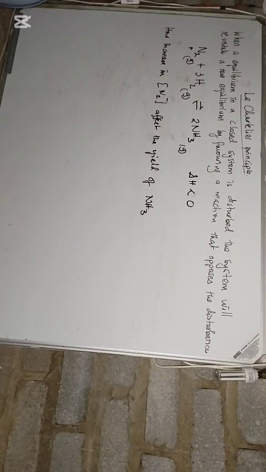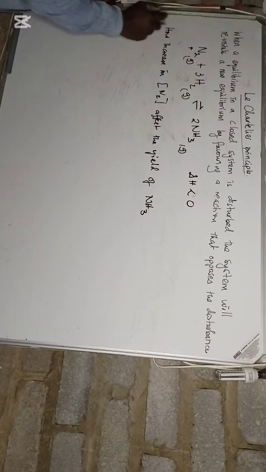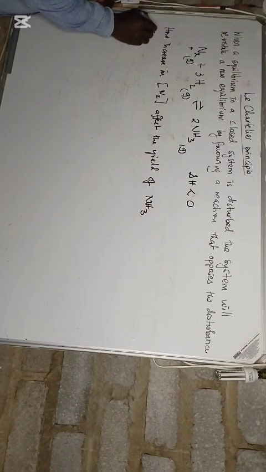So when we add nitrogen, the reaction wants to reduce that amount of nitrogen. So therefore, what happens then is the reaction is going to use the nitrogen. When the reaction uses the nitrogen, how does it use it?